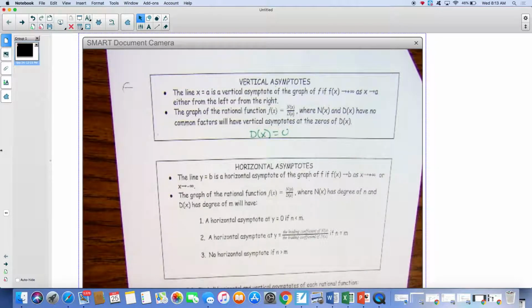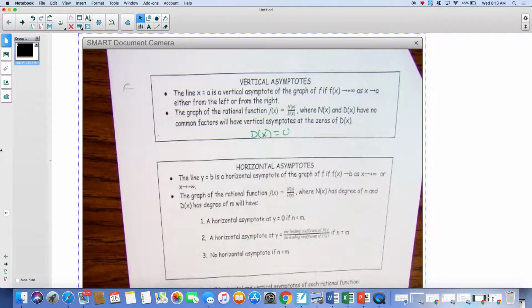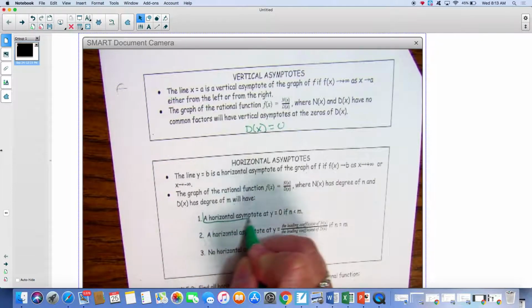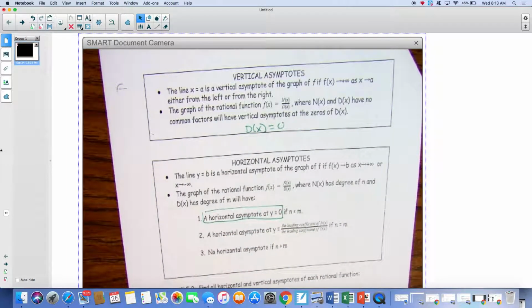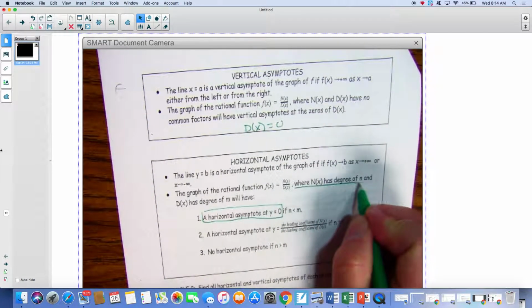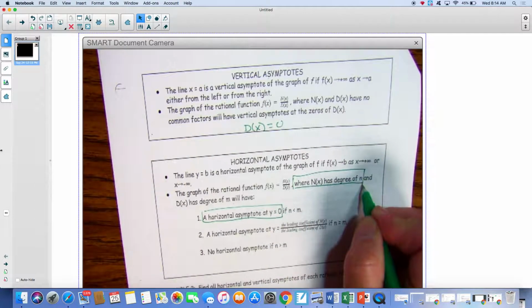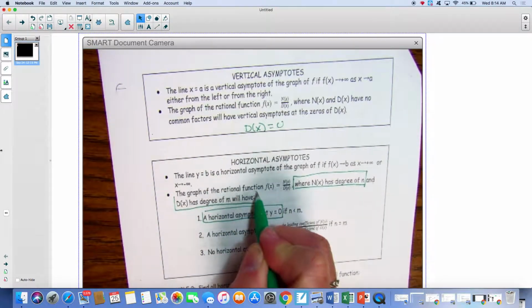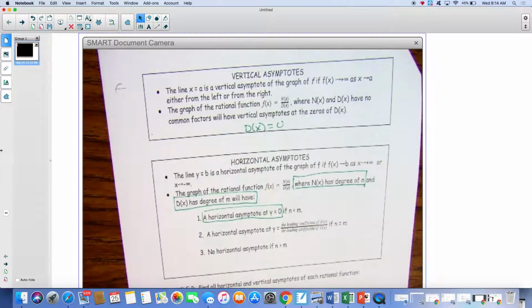A horizontal asymptote is found, and there's 3 different ways. The first one, a horizontal asymptote at y equals 0 if n is less than m. N is the degree of your numerator. M is the degree of your denominator.